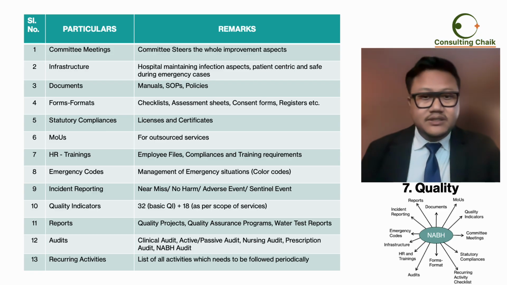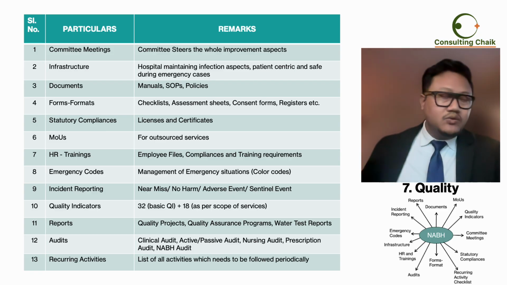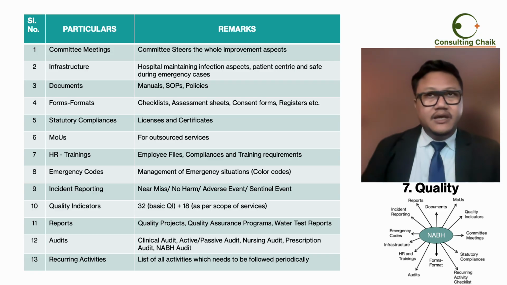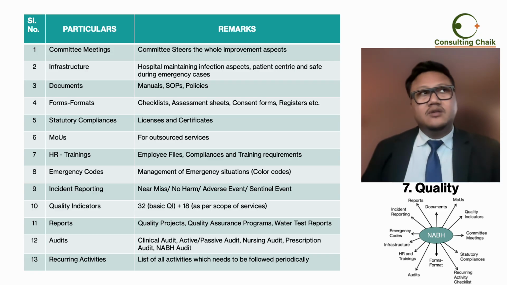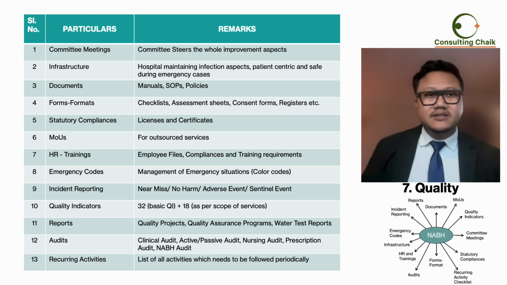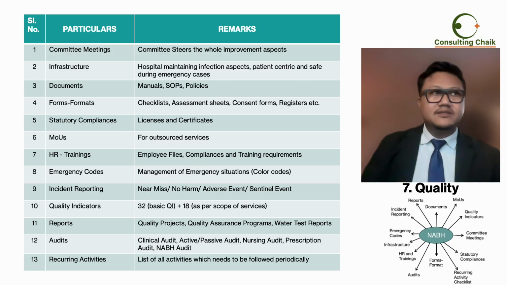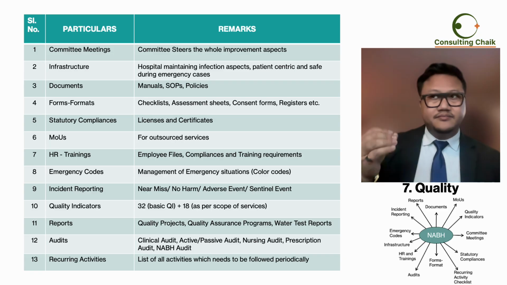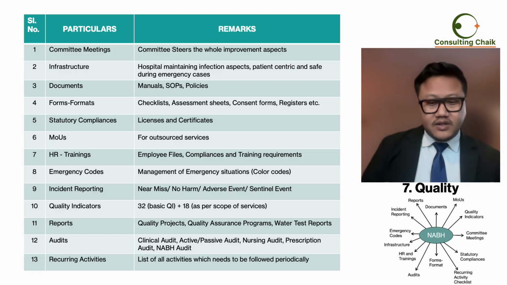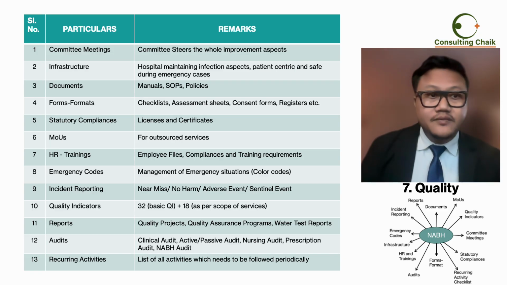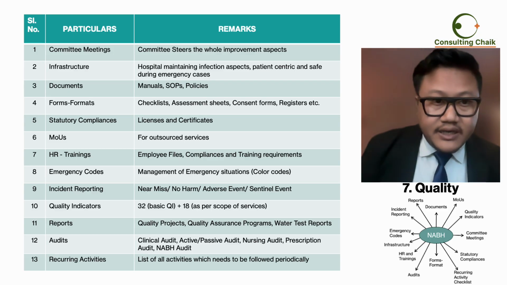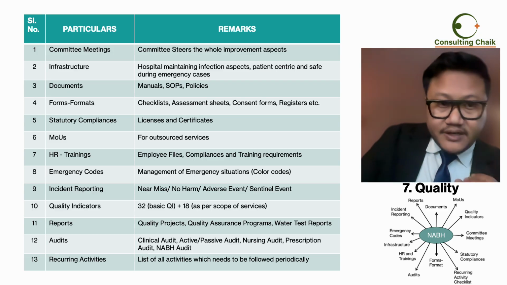There are thousands of points to be implemented for NABH, or thousands of things which are always coming up in hospitals. Those things need to be discussed like that, so that the management has very few things to discuss, and very important things to decide. Then you have your infrastructure.